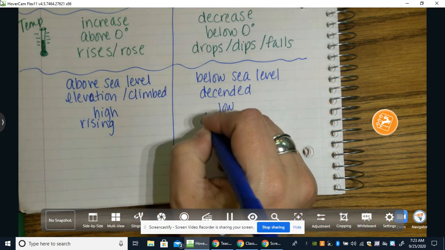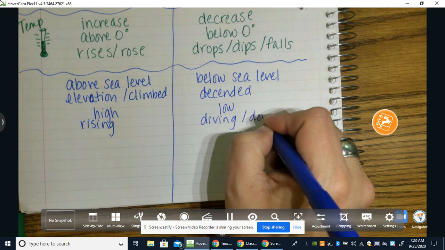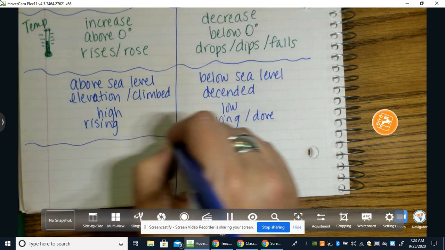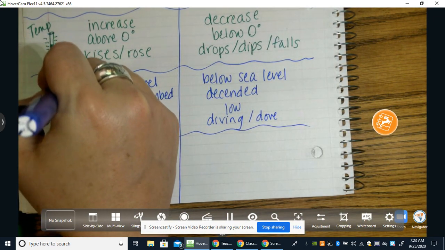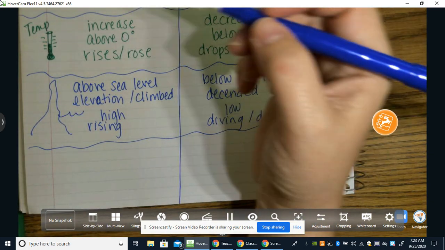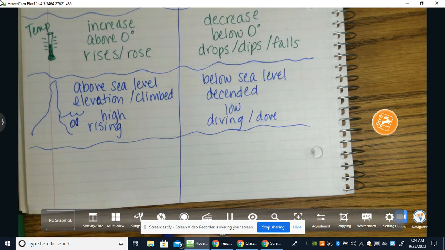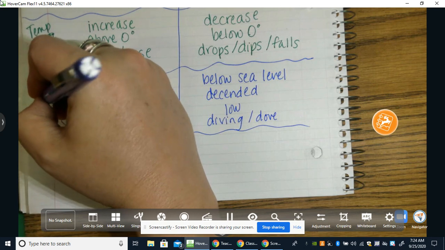If a person dives, so diving or dove, they're talking about negative integers. And this is dealing with, let's say, heights. So let's draw a little mountain here. And then some water. So I'm going to draw a little fishy in the water and heights.